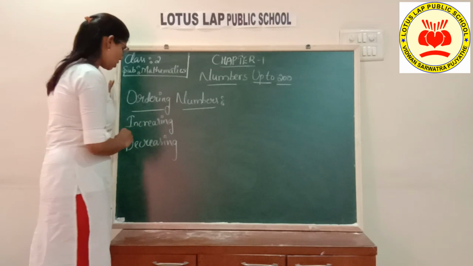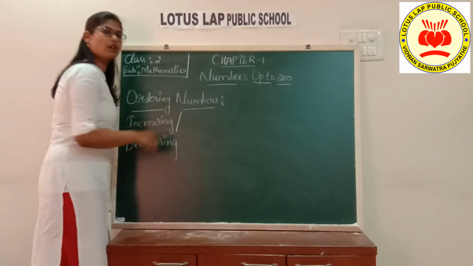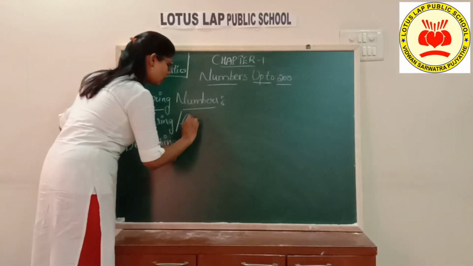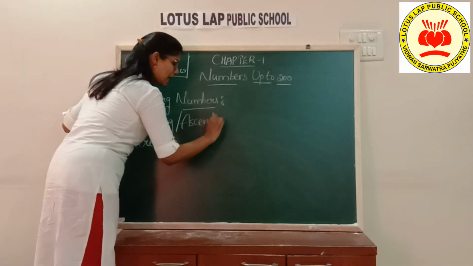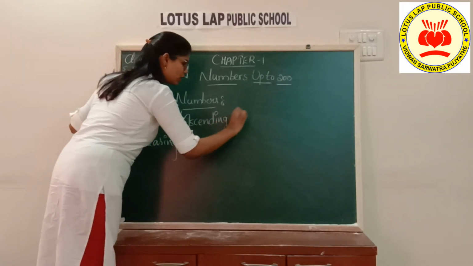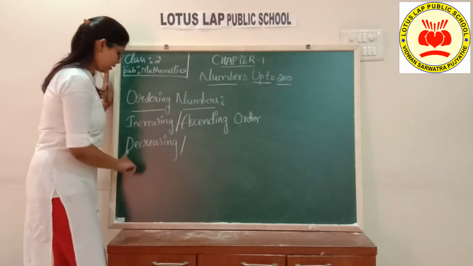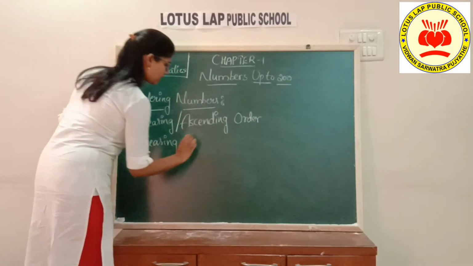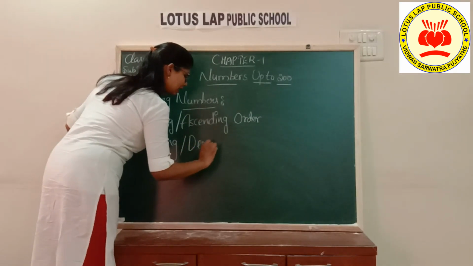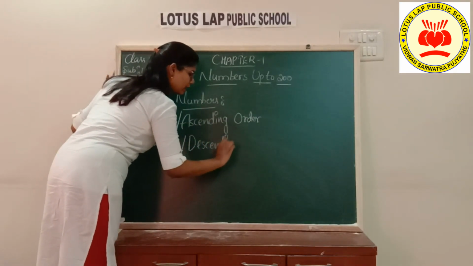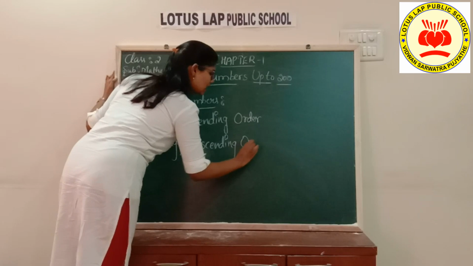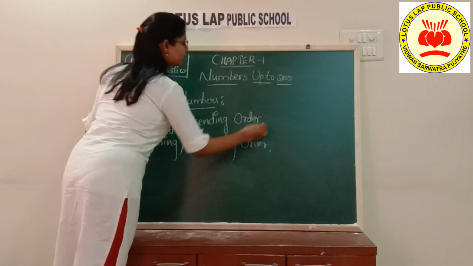And decreasing order also has another name: decreasing order is also called descending order.